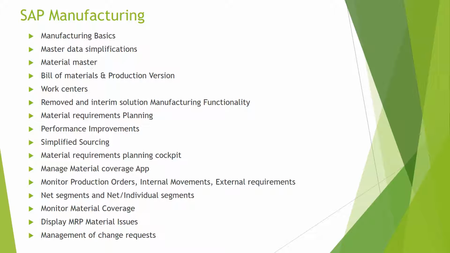The Manage Material Coverage app also offers a display of inventory positions in chart format, showing a linear model by day. When the inventory position drops below zero, this acts as an indicator to the planning group that action is needed to resolve the potential shortage.